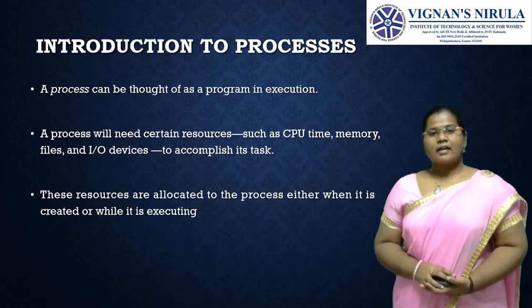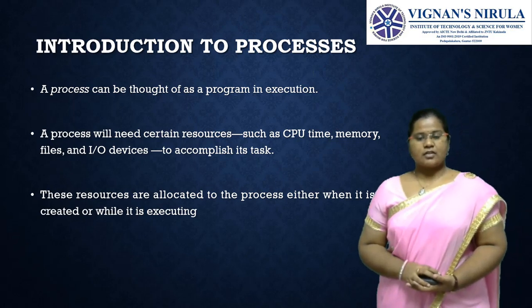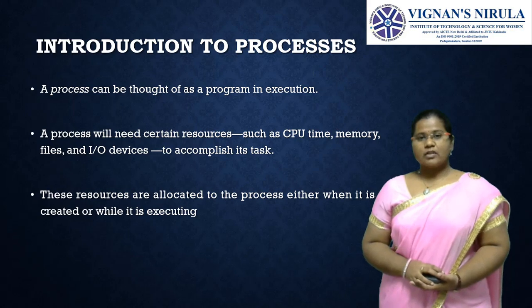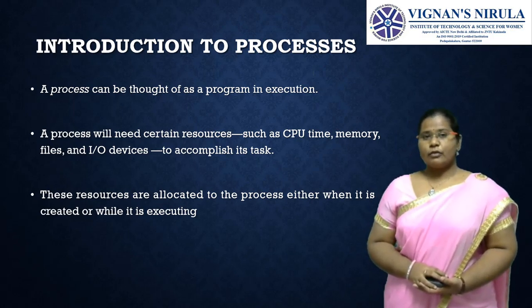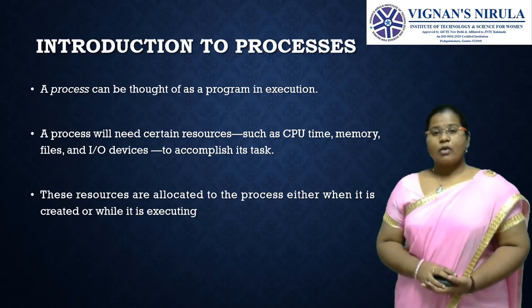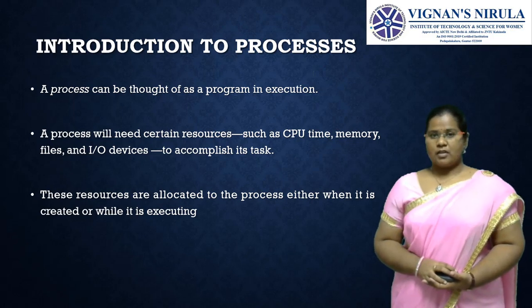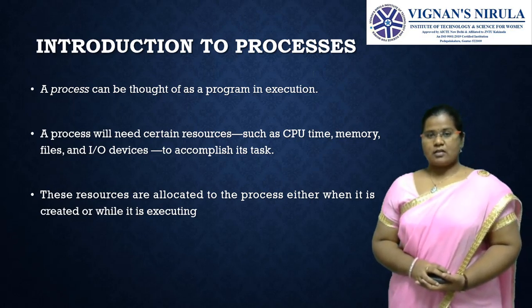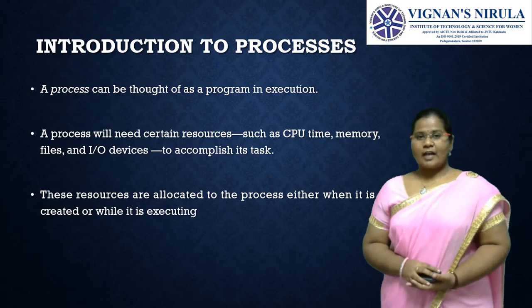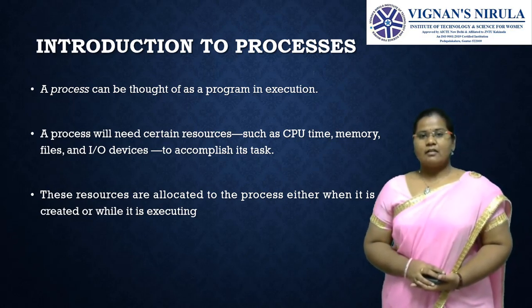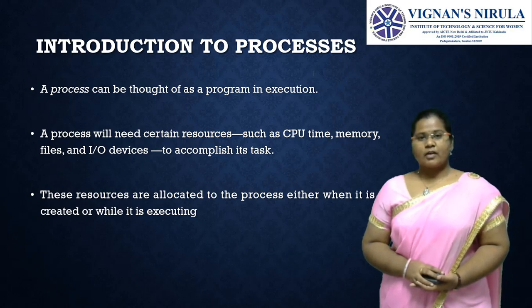So right from the start of this lecture series, we have been discussing that in order to execute an application, or whatever you see on your screen, it should be brought into main memory before the execution starts, right? As soon as a program is brought into main memory from the secondary memory, from that point the program is called a process.